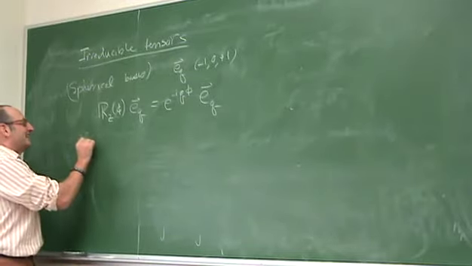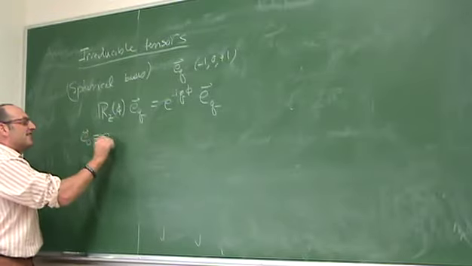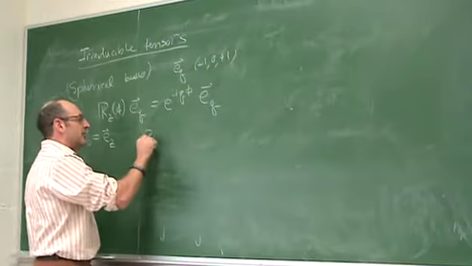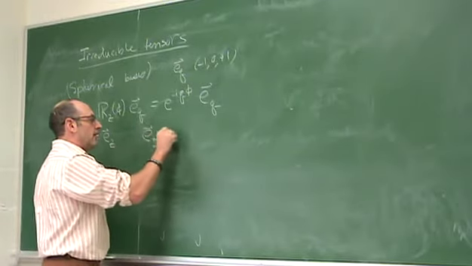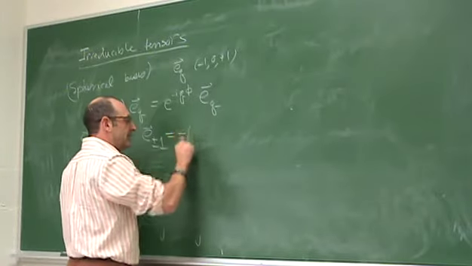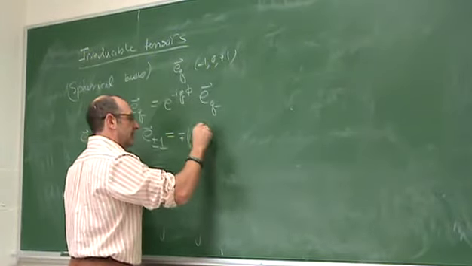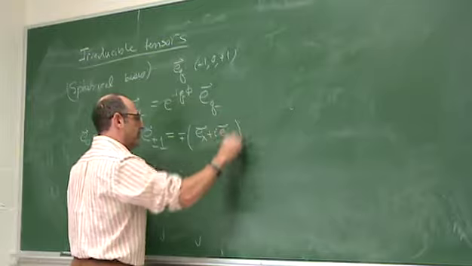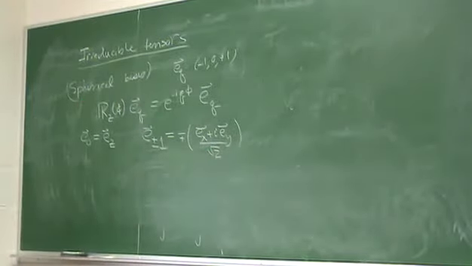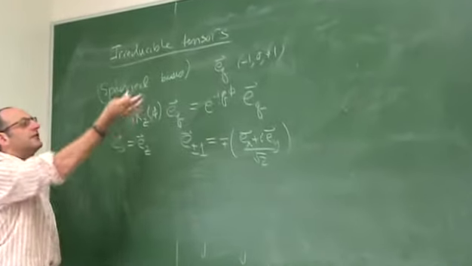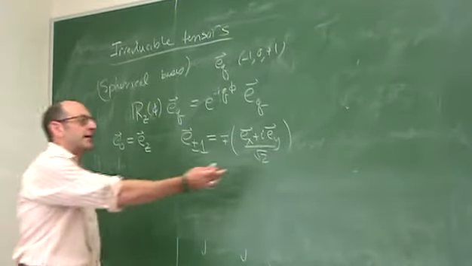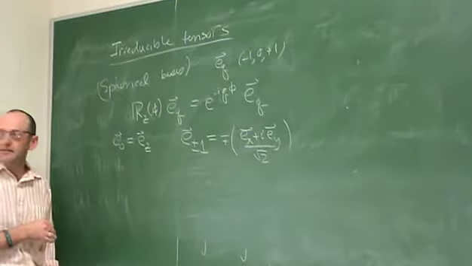So e_0 is the z-axis, that doesn't change, and e plus or minus 1 has this overall phase out front, and then it's x plus or minus iy normalized. These three vectors are eigenstates of rotation. And when you rotate, this thing picks up a phase, and this thing stays the same.